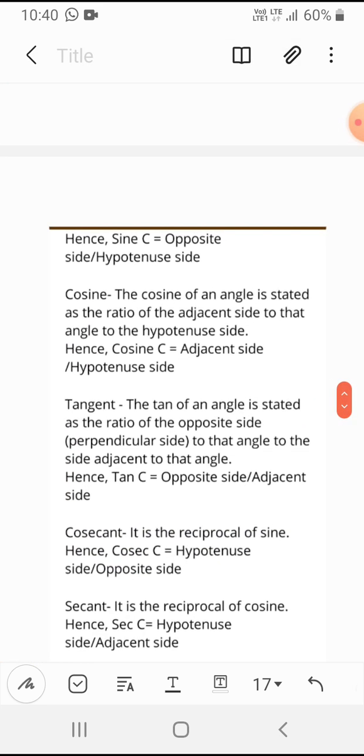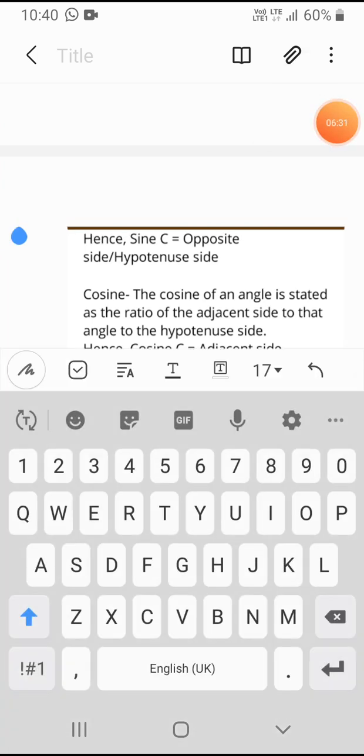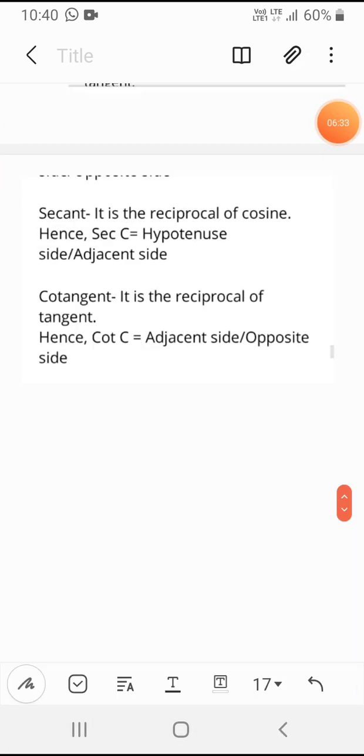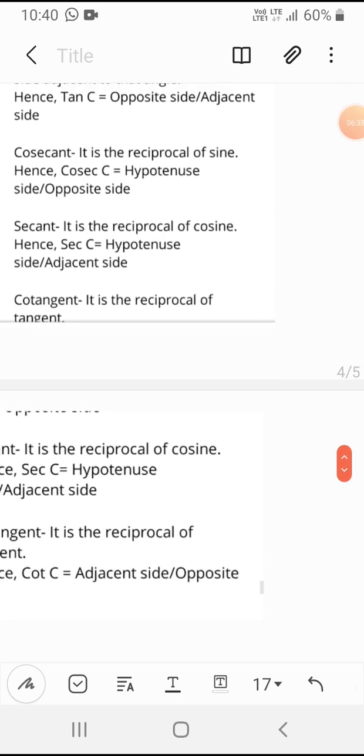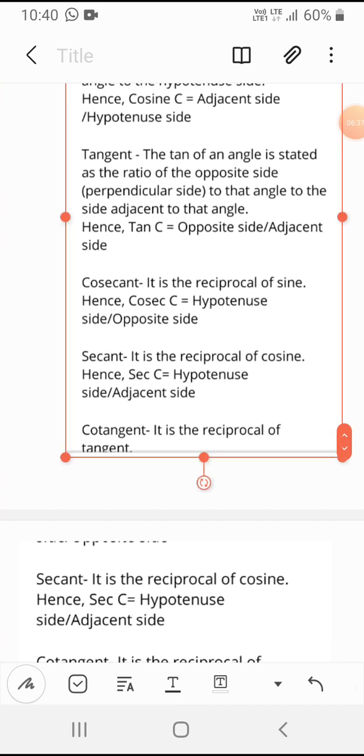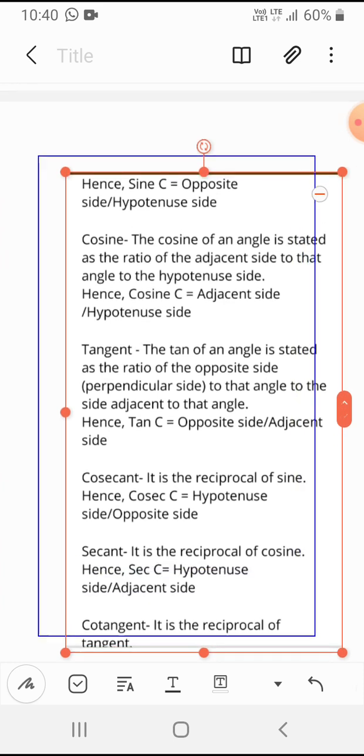By seeing the diagram you should understand it like this. This will be helpful for you in solving the problems.